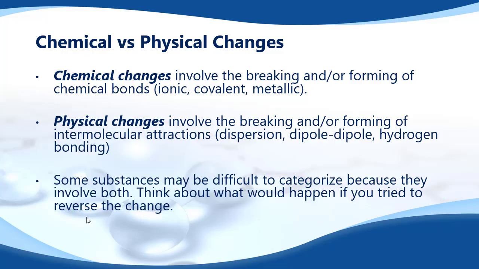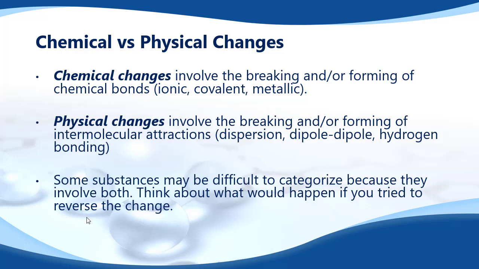So the change is reversible because we can reform the bond. So I would say dissolving is best described as a physical process because of how easy it is to undo. That was one of the rules of thumb that you learned in 10th grade, which was if it's easy to undo, it's probably a physical change. If it's not easy to undo, it's probably a chemical change.